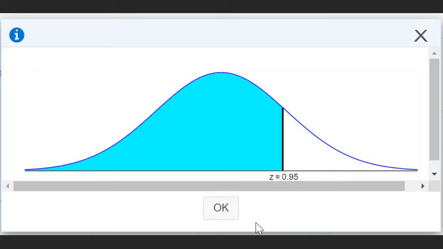The Z-score is 0.95. So we want, and notice this is to the left of that. Well, that's what the table gives us, is area to the left. So basically all I have to do is use the table to find the area to the left. That's what the table gives me.